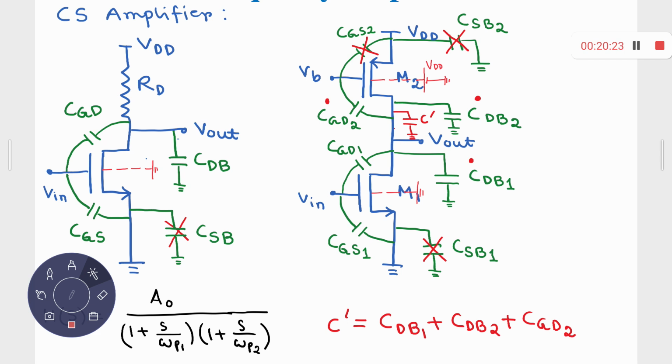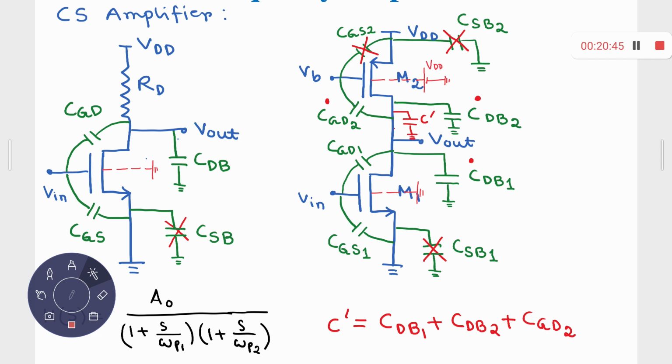And at the drain, you have 3 capacitors. C dash. One is CDB1, drain 1 to ground. The second one is CDB2, drain 2 to ground. Drain 1 and drain 2 are connected together. And the third one is CGD2, connected between drain 2 and AC ground.